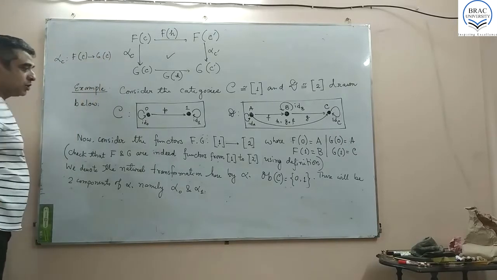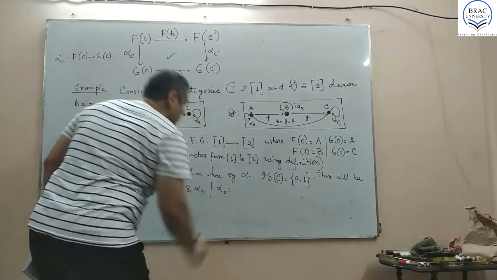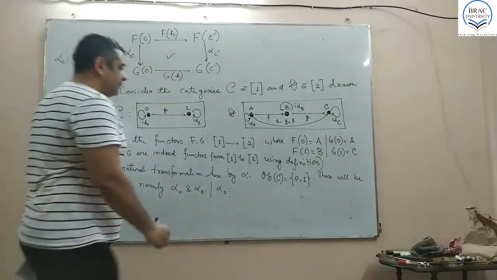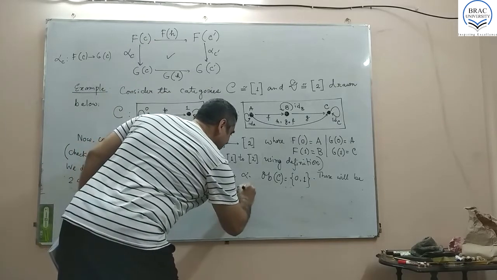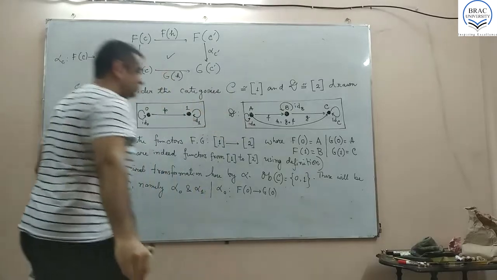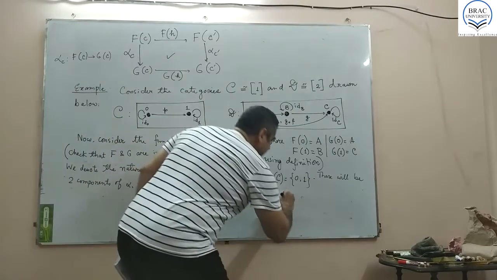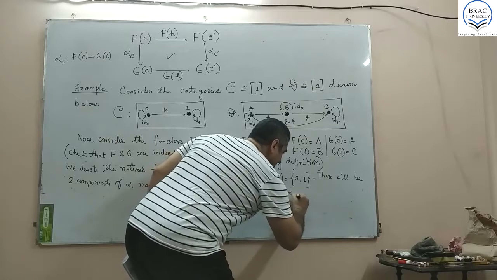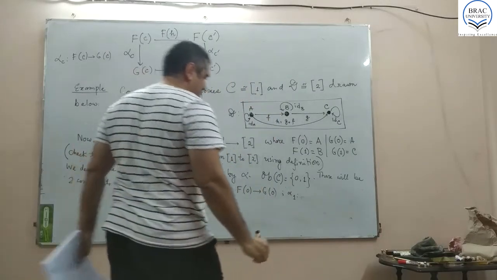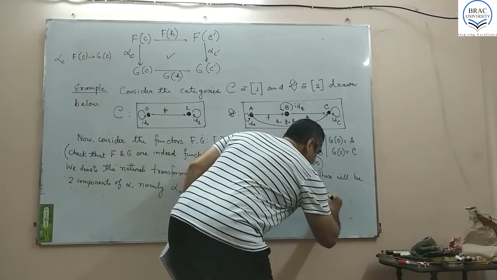So alpha 0 is a map from F0 to G0, and alpha 1 is a map from F1 to G1.